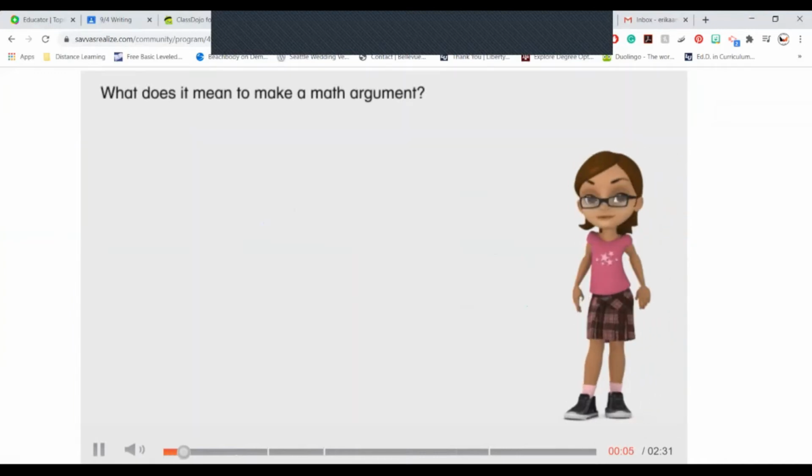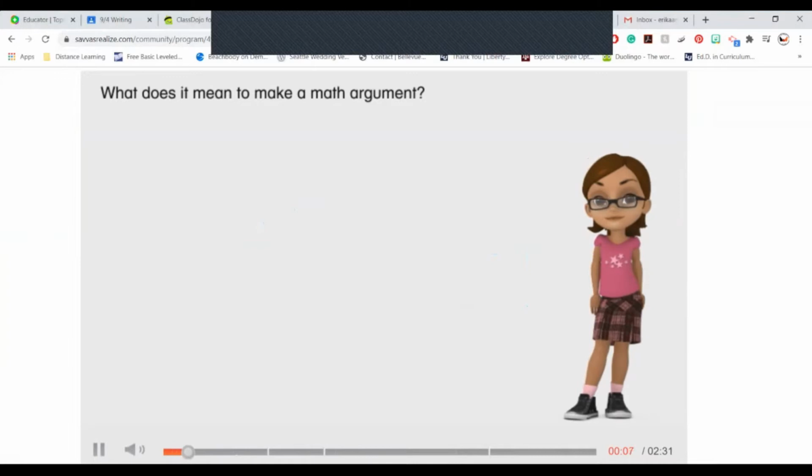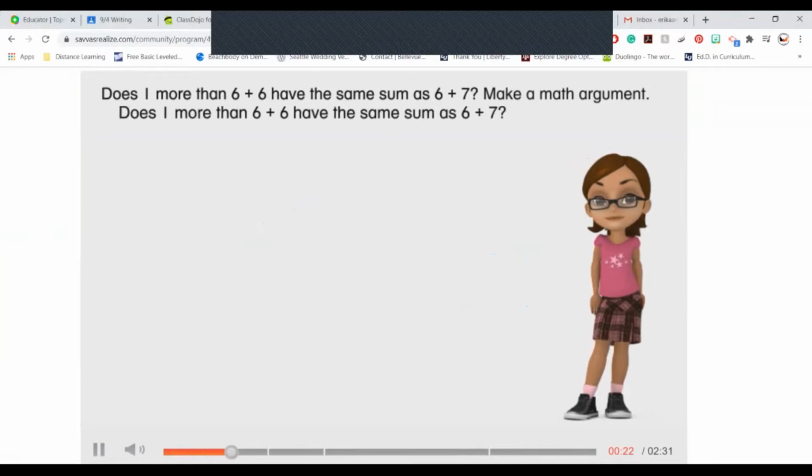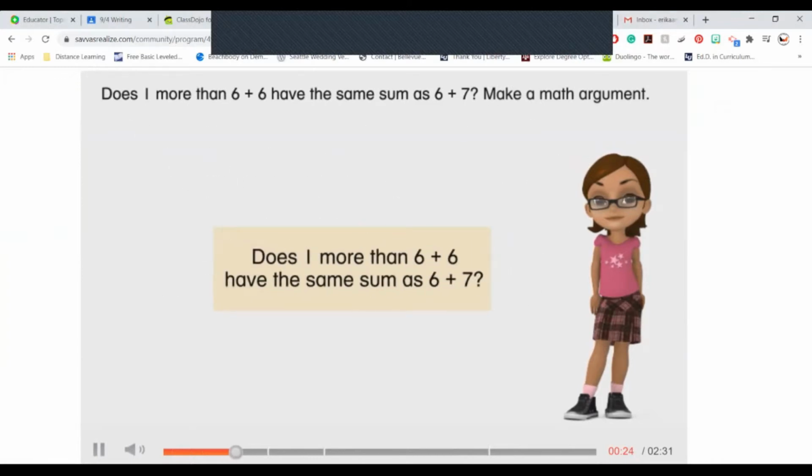What does it mean to make a math argument? It means to answer correctly and to explain your thinking clearly and completely so that someone else can understand it. Does 1 more than 6 plus 6 have the same sum as 6 plus 7?